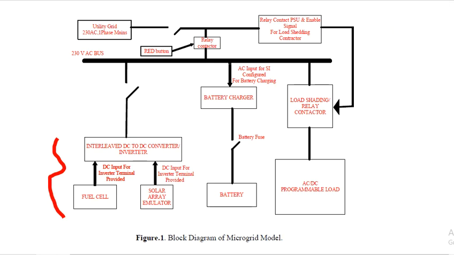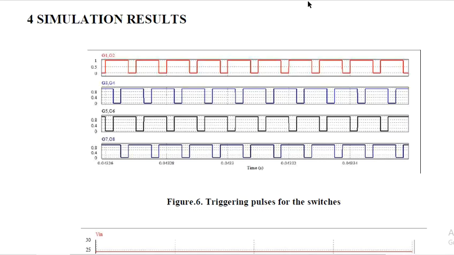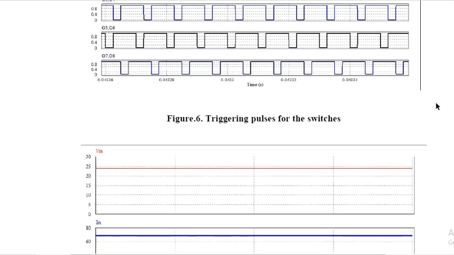Now we will see the output waveforms I got from the model for my front end converter. These are the simulation results. These are the triggering pulses for the switches.